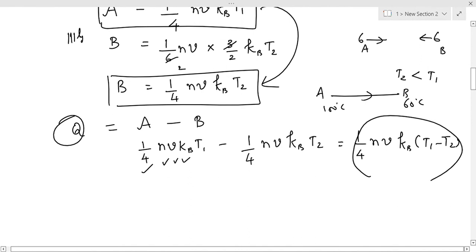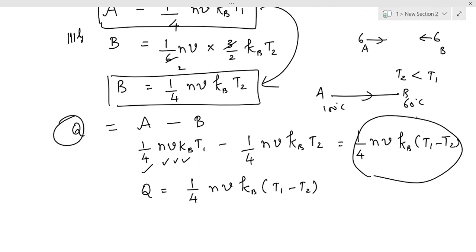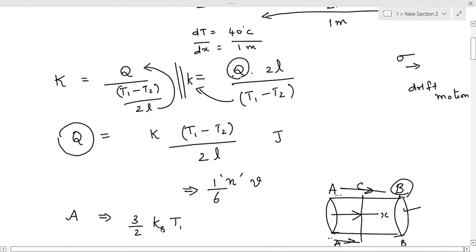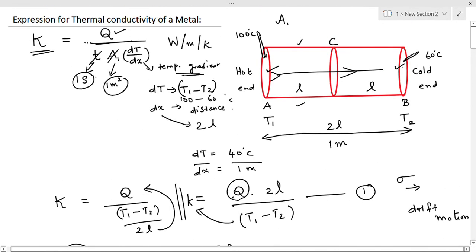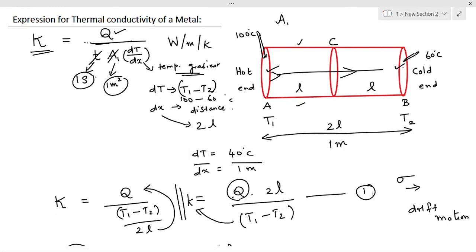Let this be equation number 2, and equation number 1 is the one for K, because we are here to find the general expression for the thermal conductivity of a metal.